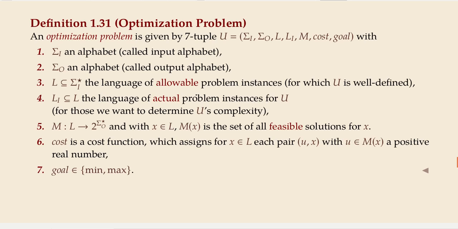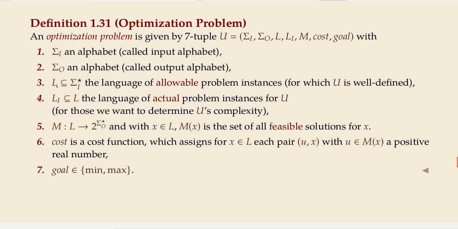So that might be all encodings of a graph. But in the actual problem that you're considering, you further restrict that set of allowable instances. Maybe for that purpose, you're only looking at planar graphs, because you want to see if TSP is still NP-complete on planar graphs. Okay?